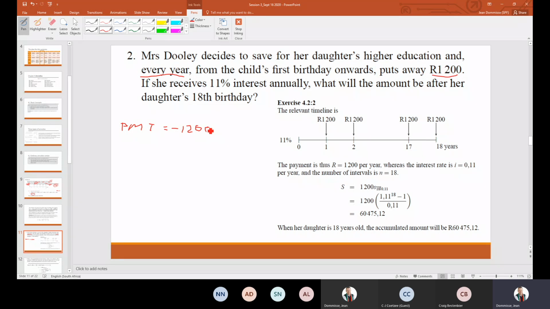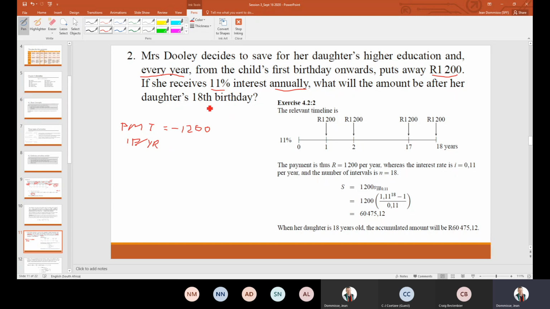So it won't have any impact on the numbers within your calculation. Okay, so then she receives 11% interest annually. By that we know it is 1 time per year, once every year.